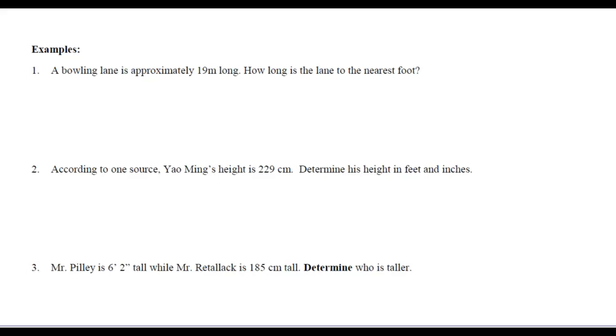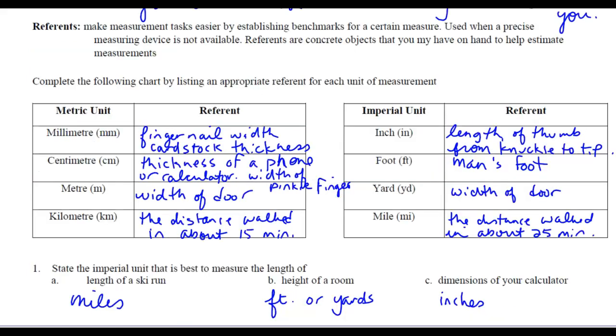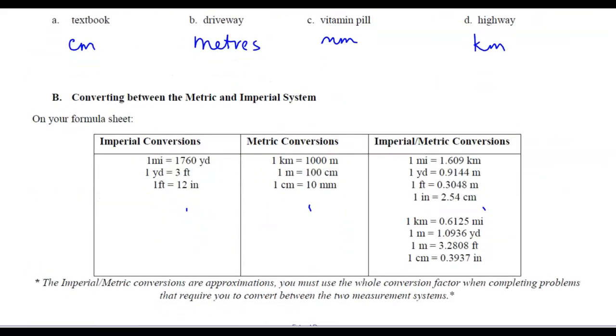Bowling lane is approximately 19 meters long. Okay, folks. So we're converting from meters to feet. Take a look. We give you a lot of conversions. Do we have one from meters to feet?